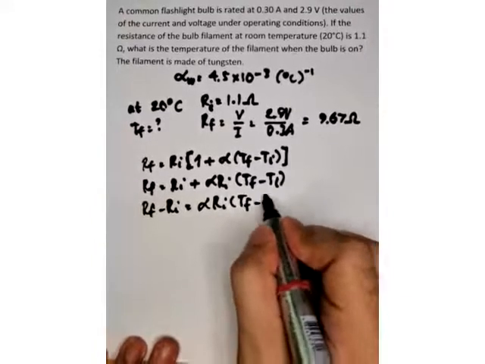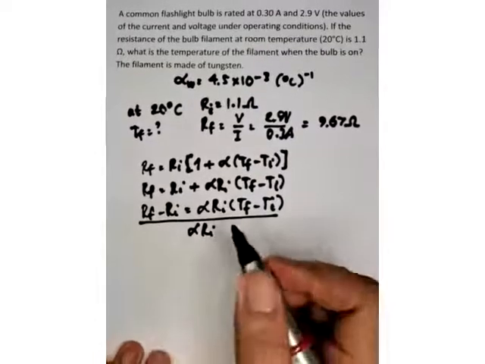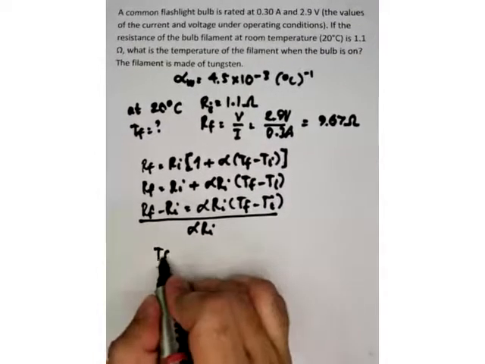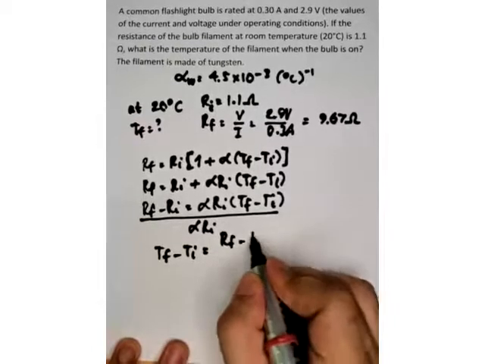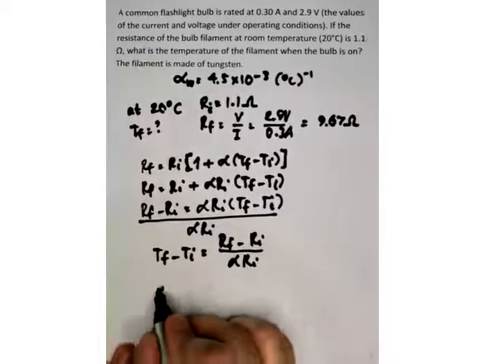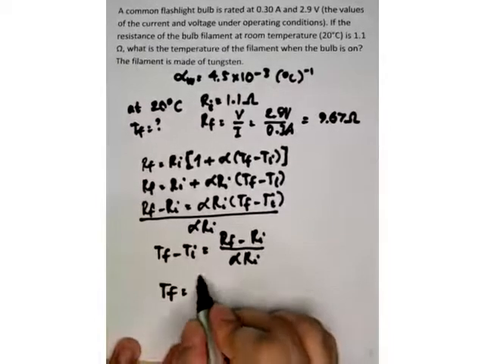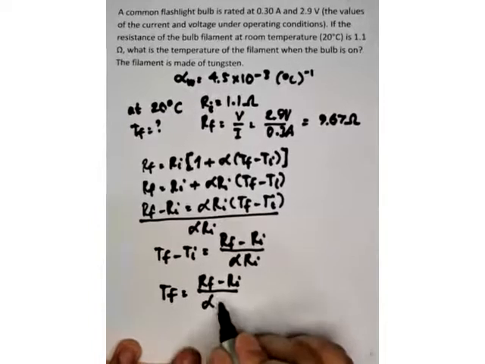Then divide natin to ng alpha R initial. So T final minus T initial is R final minus R initial over alpha R initial. Or T final then is R final minus R initial over alpha R initial plus T initial.